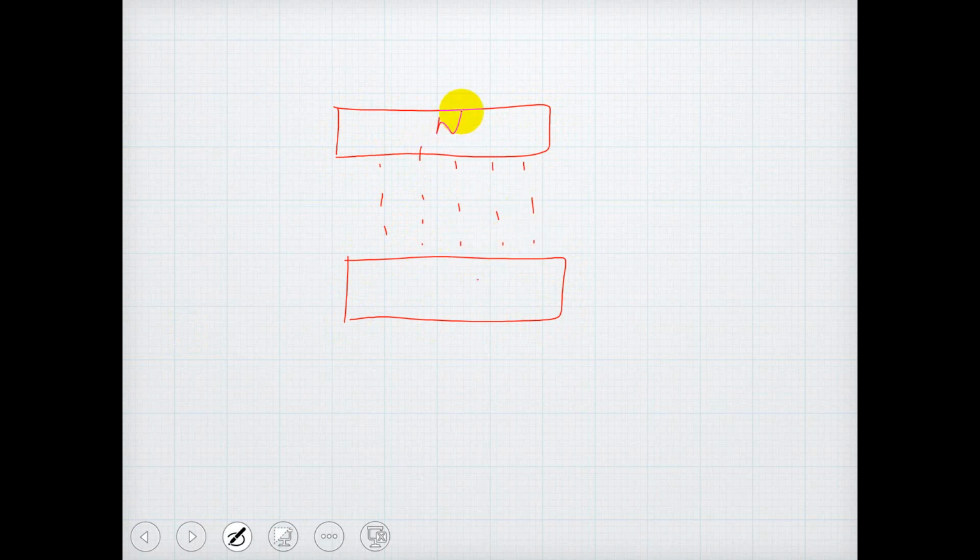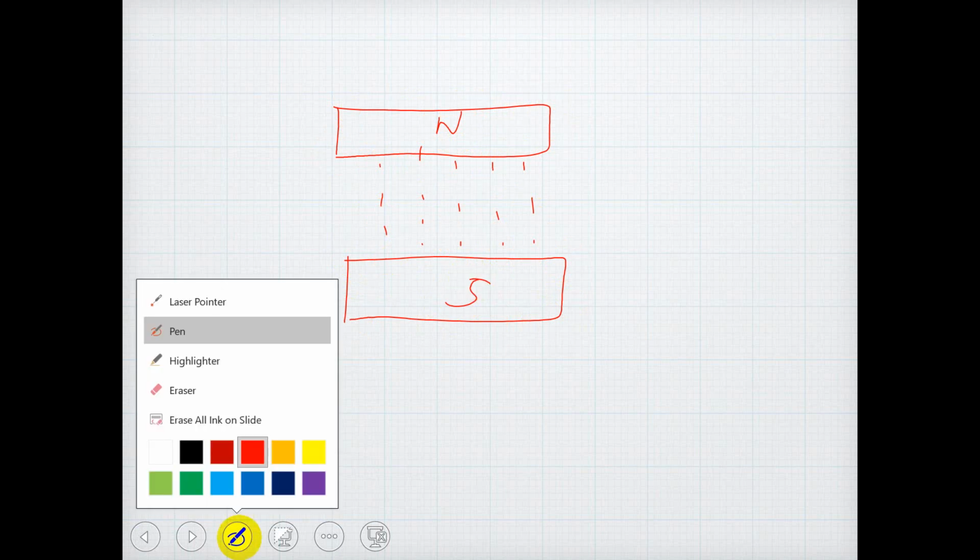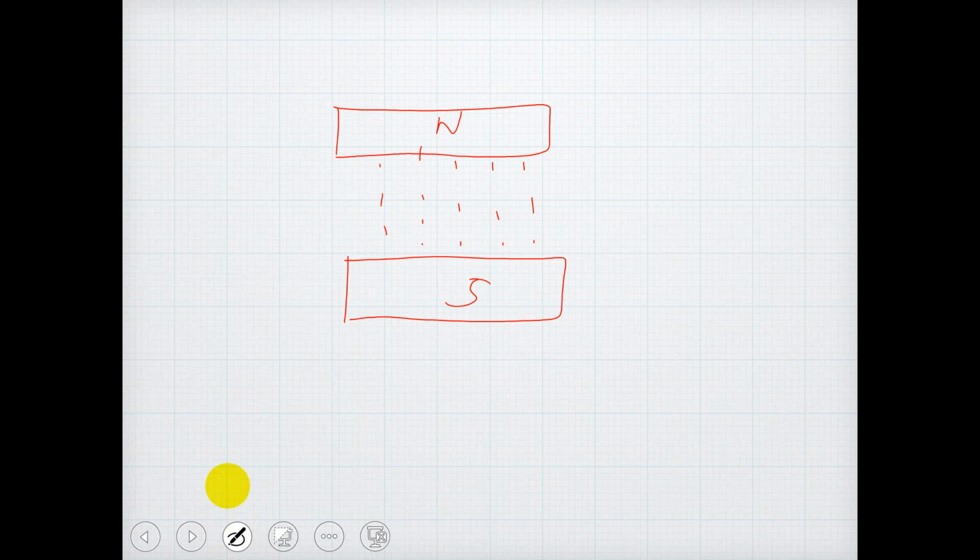Let us say this is the north and south pole, and let us say we have a conductor placed in this, and this conductor is coupled to the shaft and further to the rheostat, just to indicate.